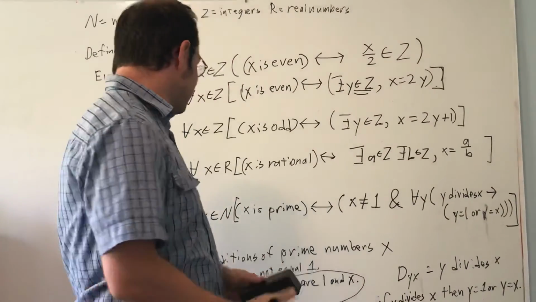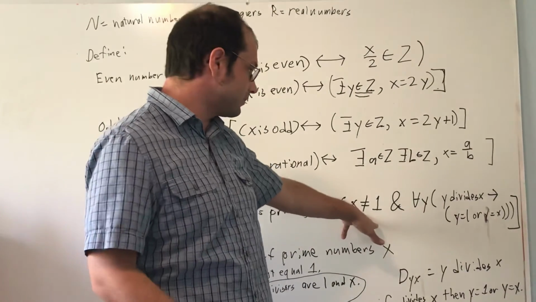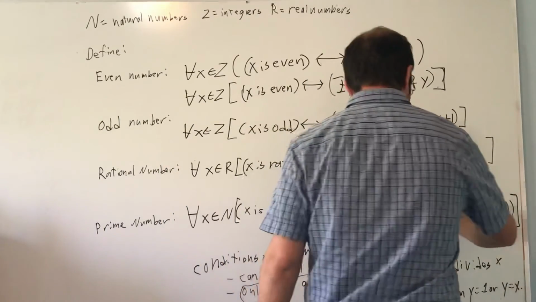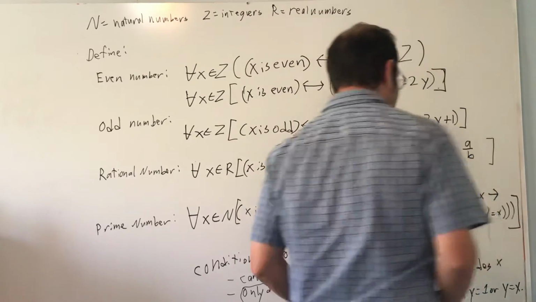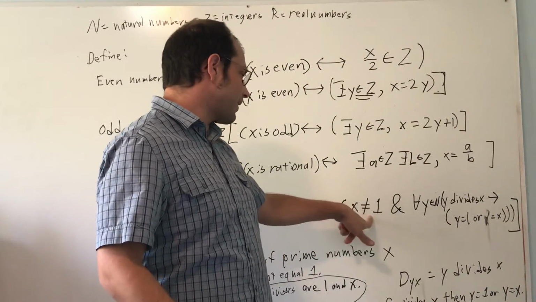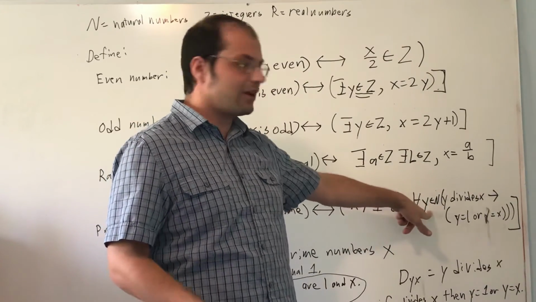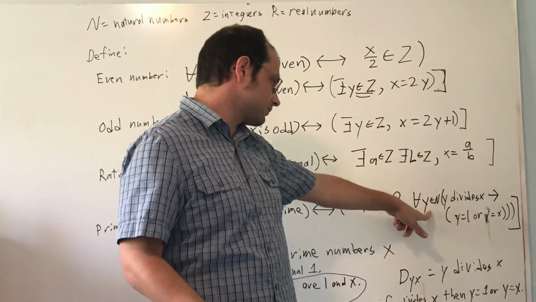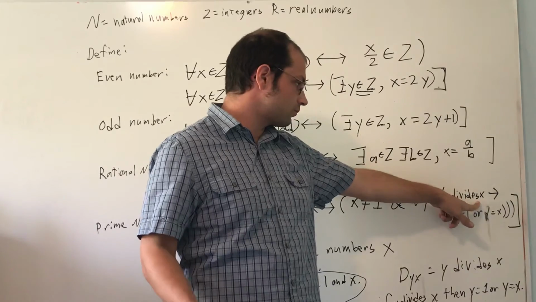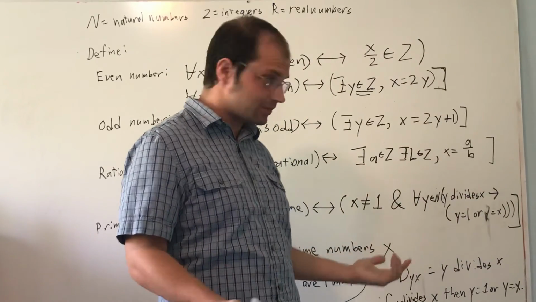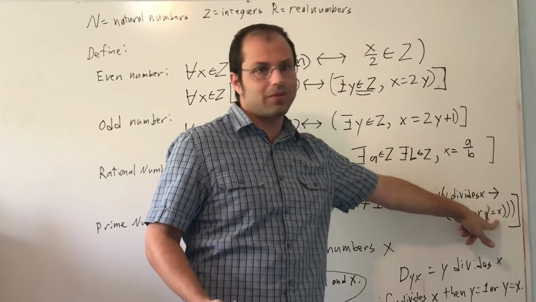But let's sort of look at this. If x is prime, then x is not equal to 1. And I didn't specify where y comes from. All right. Then x can't be equal to 1. And for every natural number y, if y were to divide x, not all y's divide x, but if they do, then they have to either be 1 or the number itself.